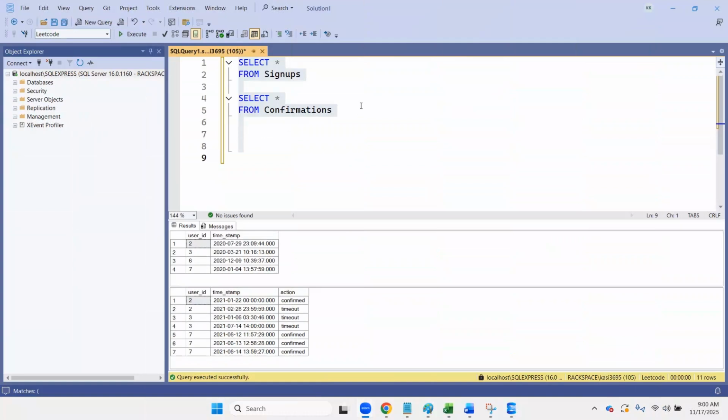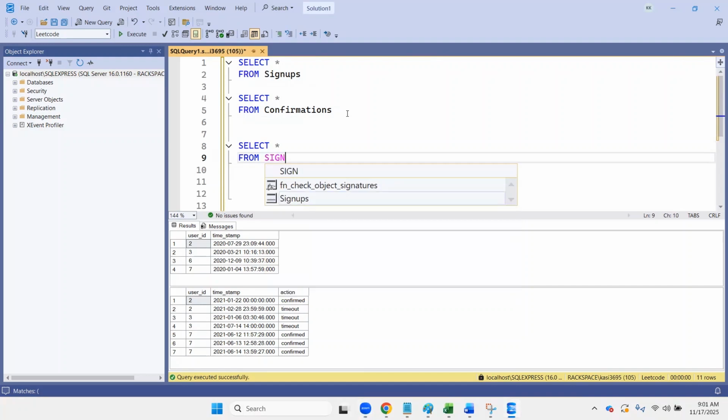Now we are seeing the 2 tables, sign up and confirmation. Now I have to do the left join: select star from sign up S. Initially I want all the columns, and at the end, while preparing the query, we will get only the required columns.